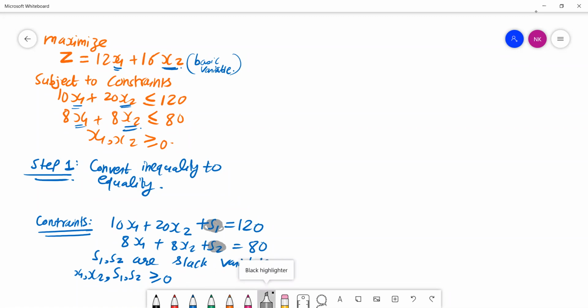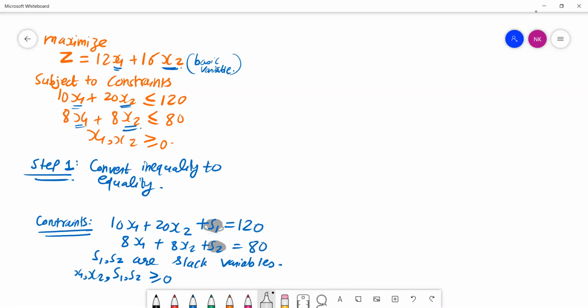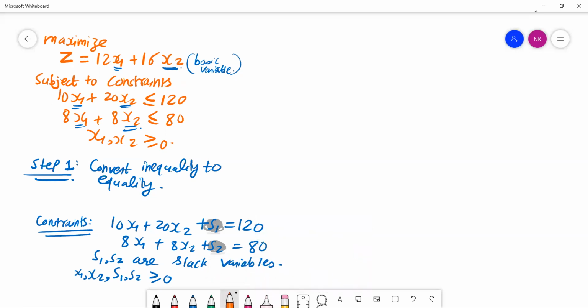So that means we need to change our objective function also. Why do we need to change it? The reason is that here we have the slack variable S1 and slack variable S2, but in our objective function we have only X1 and X2. So I will be modifying the objective function to be Z equals 12x1 plus 16x2.